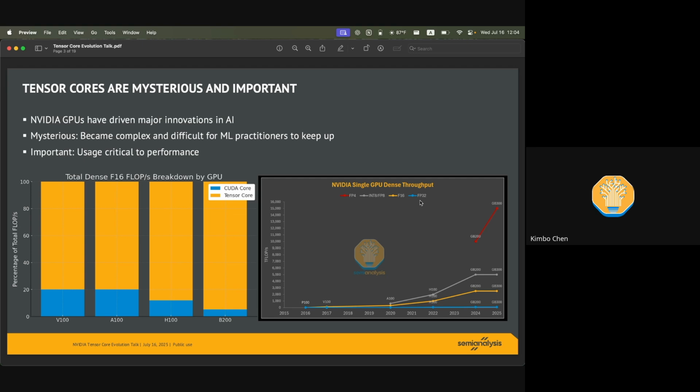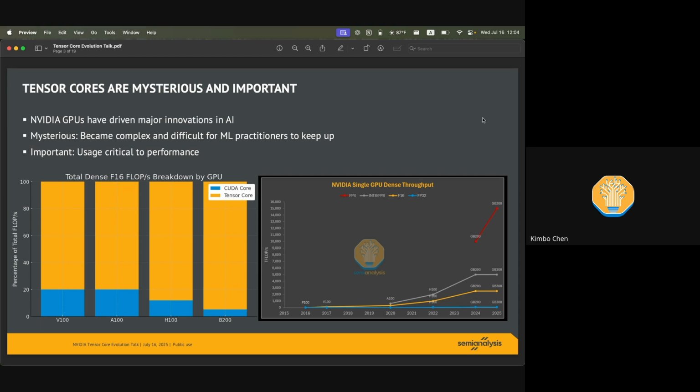As you can see in the graph on the right, throughout the past almost 10 years, NVIDIA's GPU FLOPS throughput has increased by quite a lot. For example, the GB300 is closing in on 15,000 teraflops at FP4.